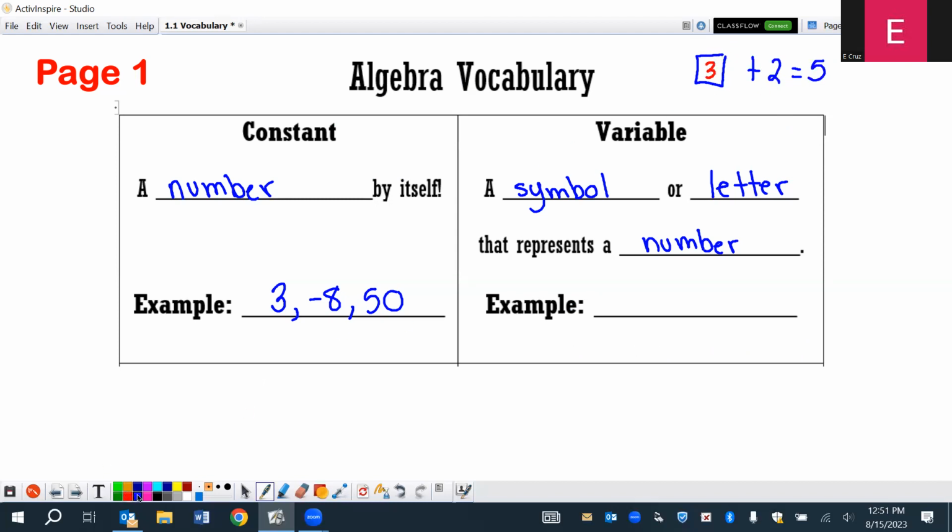So that box is a variable. It can be a symbol like a box. Now that we're in high school, instead of using symbols like boxes, we use letters like X, Y, A, whatever letter you want to represent a number.